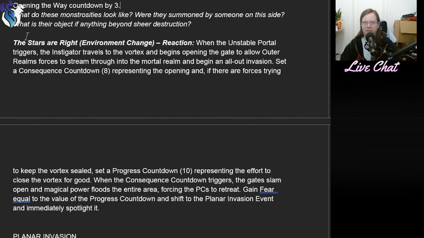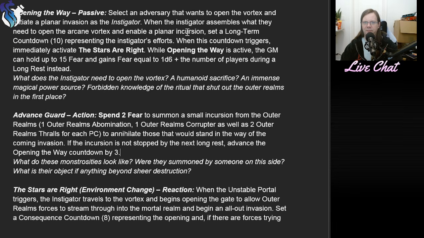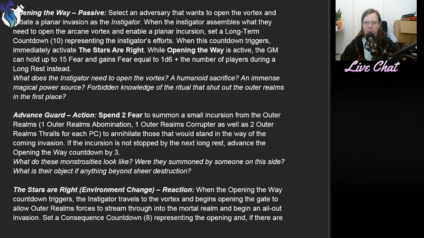Okay, so we have the stars are right. This is a reaction. When the unstable portal triggers, let's just be really clear, right? When the opening the way countdown triggers.